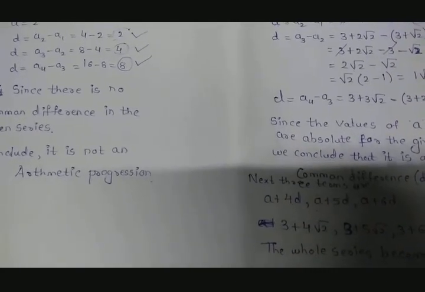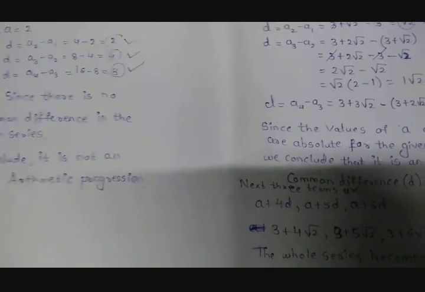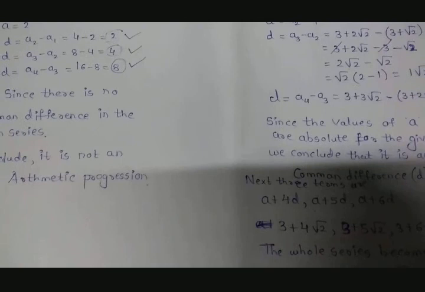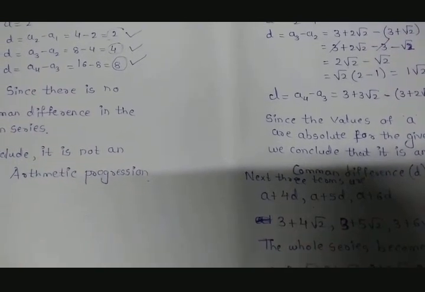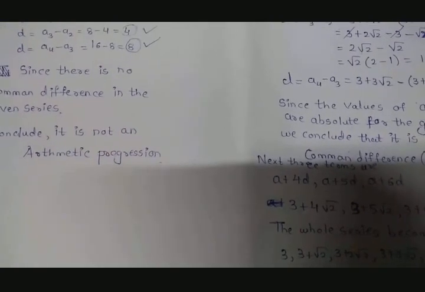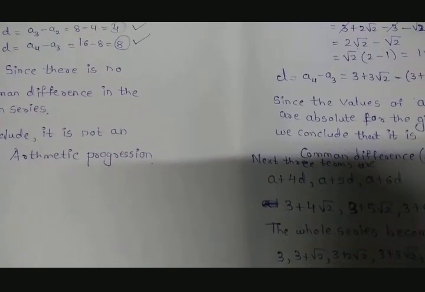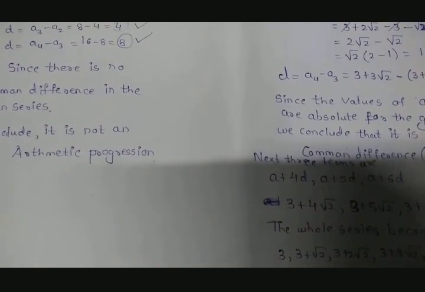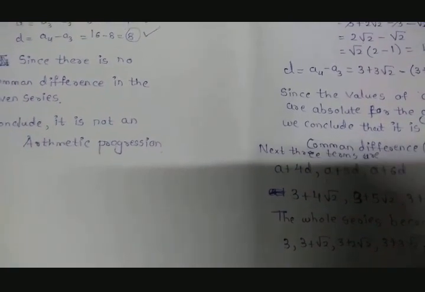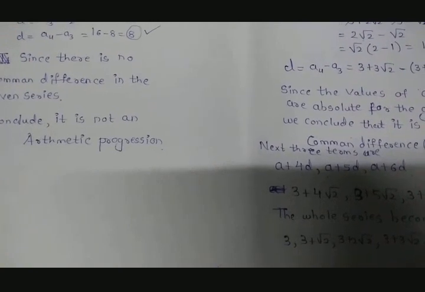After that we solved some problems related to the values of a and d. When the values of a and d are given, you have to write the arithmetic progression. And lastly we studied how to check whether the given series is an arithmetic progression, and if it is, how to write the further terms.